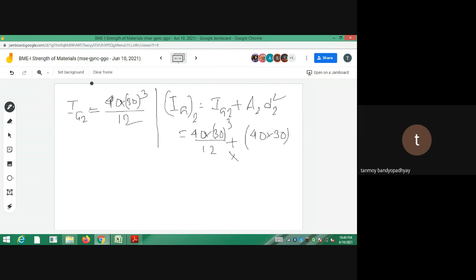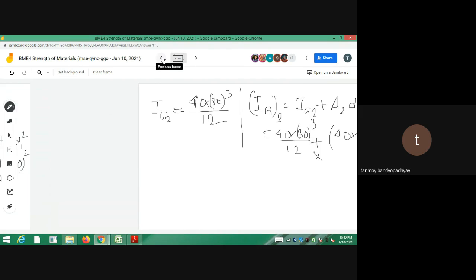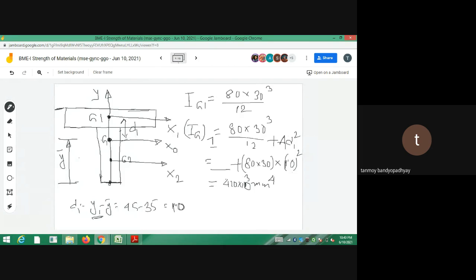Now again you have to calculate the value of D2. So how do we get D2? D2 will be y bar minus y2. So this is y2, and this is now helpful. So D2 will be equal to y bar minus y2. Correct?